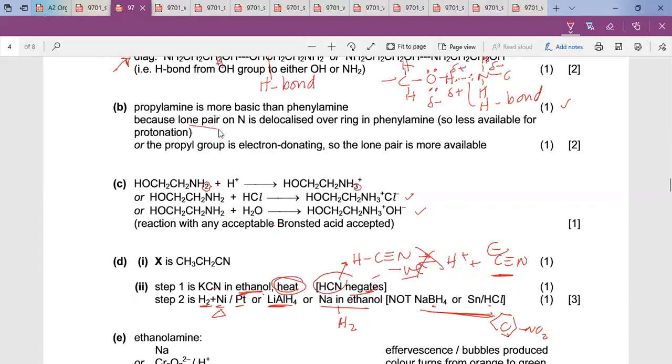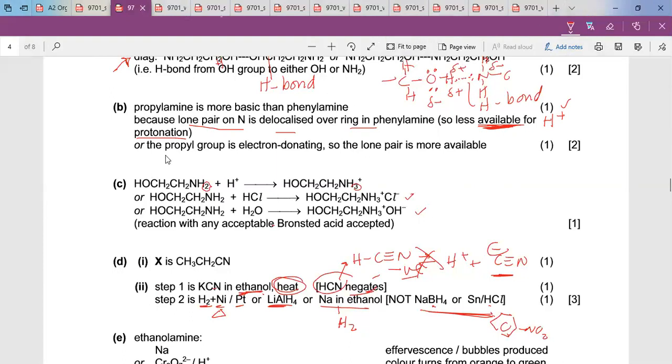Because the lone pair of N is delocalized over the ring, making it less available for protonation, or available for the H plus. If you cannot use the word protonation, use H plus. The word is availability. How available is your car for the girl to use? How available is your credit card for her to click, ting tang like that.